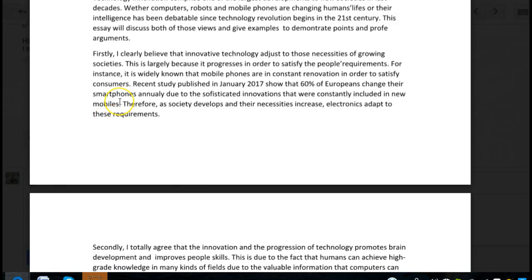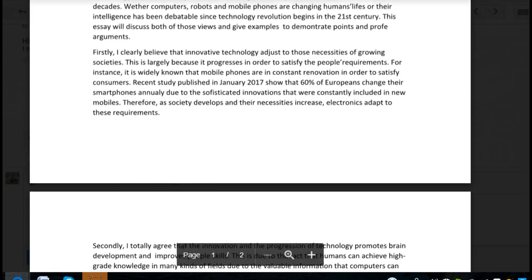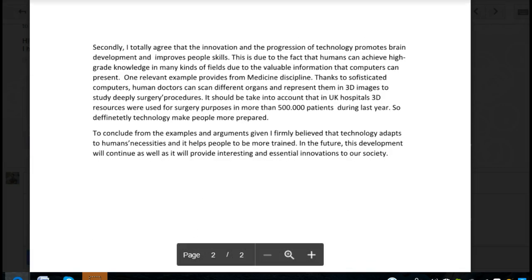Nice example there. "Therefore, as society develops and its necessity" — because society is just one thing, its necessities — "increase, electronics adapt to these requirements." That's a really nice closing statement. It concludes your paragraph nicely. It's well done. Okay, so let's move on.